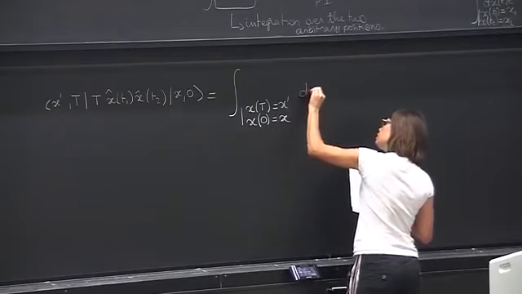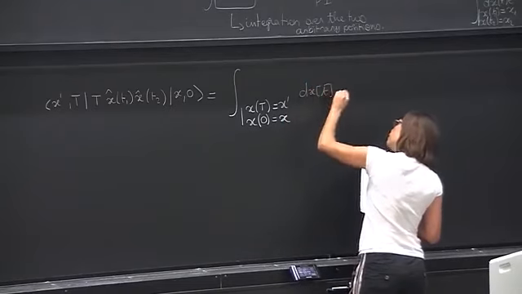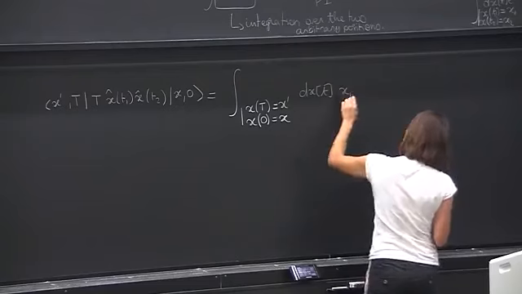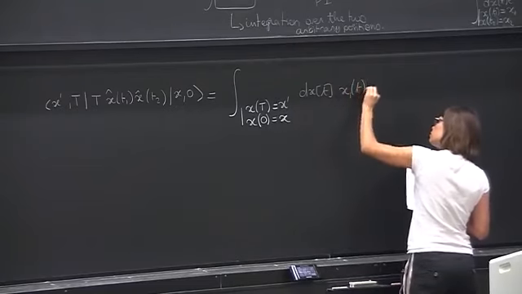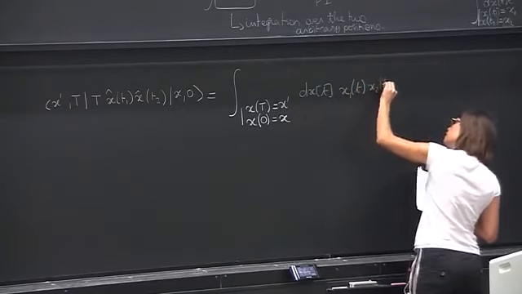Then you have your path integral measure, and now x1 and x2 are just functions of time.